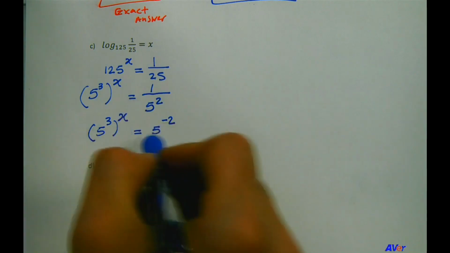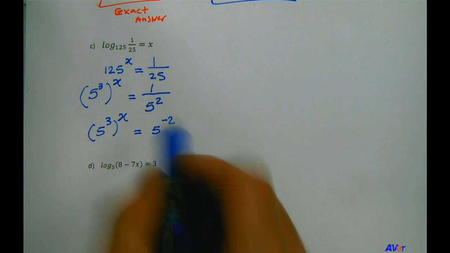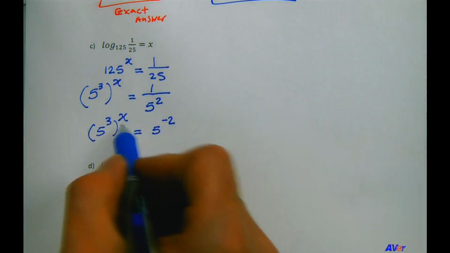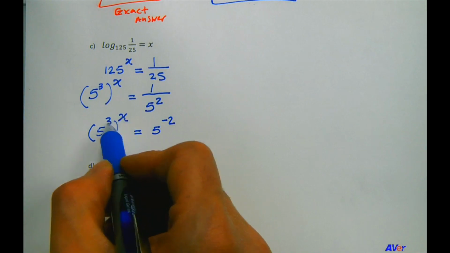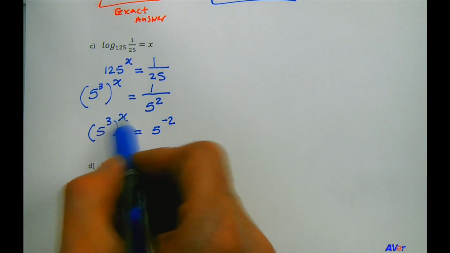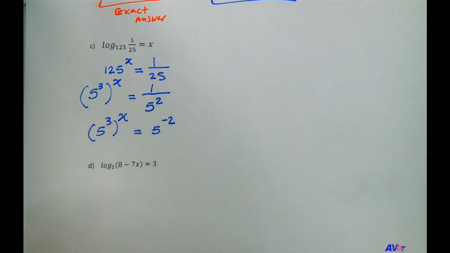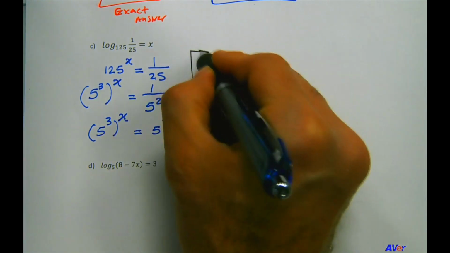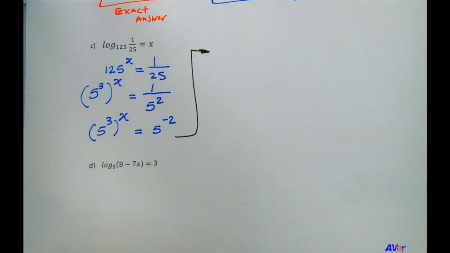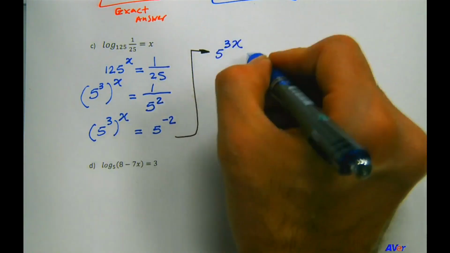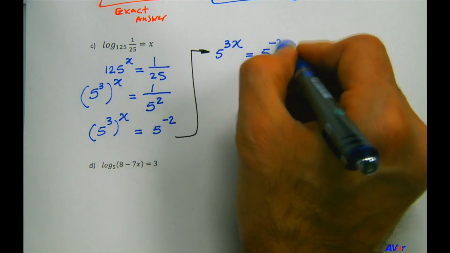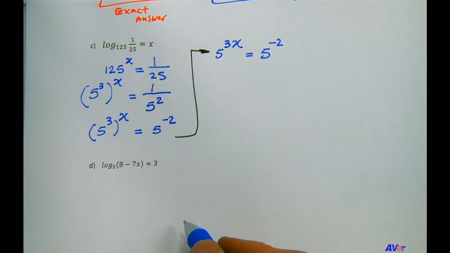Okay, so we're a little bit closer to solving for x here. Again, using the properties of exponents, we know that if we have an outside power to an inside power like this, the two can multiply each other. So that means 5 to the 3x power equals 5 to the -2 power, right?